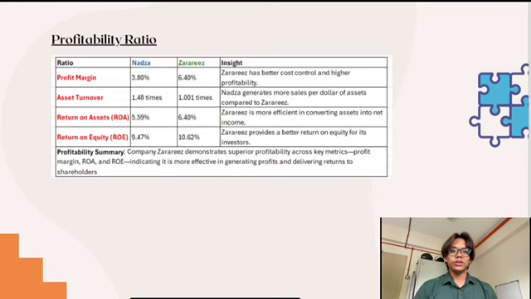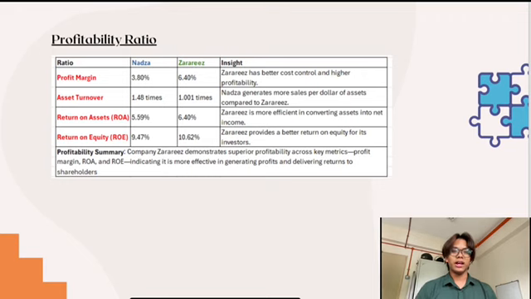For return on asset, Zararis shows more efficiency in converting assets into net income because its return on asset is 6.4% while Naza has 5.59%.